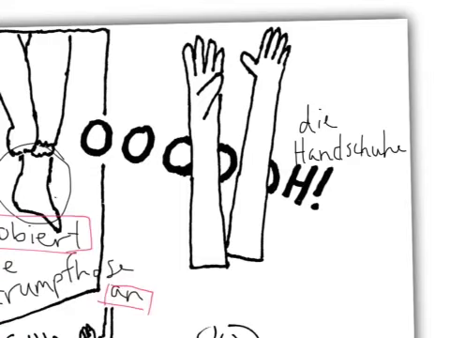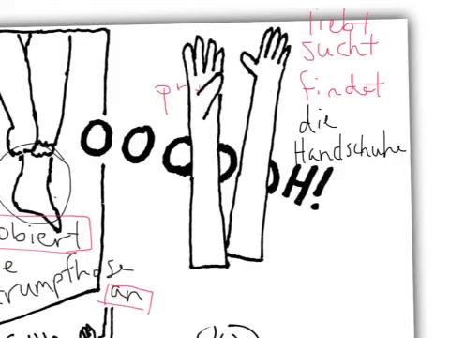But anytime we do Notizen, I would really like for you to add some sort of action to any object. So for these Handschuhe, you have lots of options. Sabine findet die Handschuhe, Sabine sucht die Handschuhe, Sabine liebt die Handschuhe, or you could go with one of our newer vocabularies, Sabine probiert die Handschuhe an.